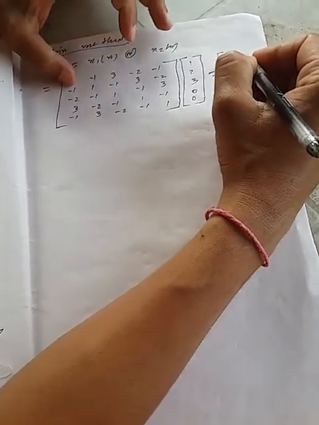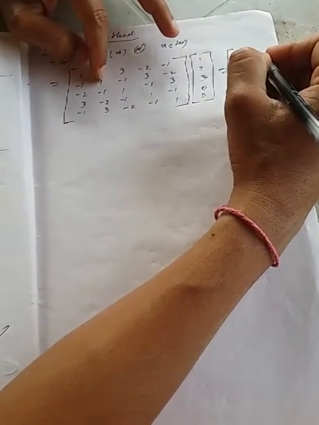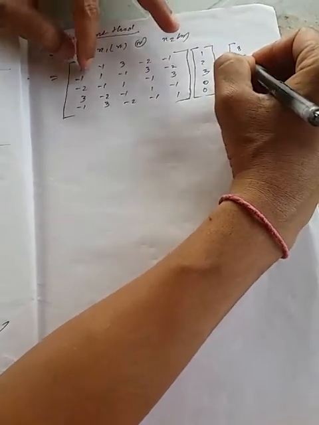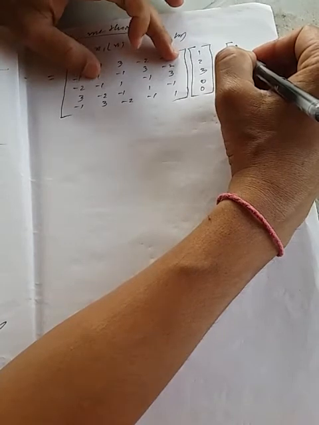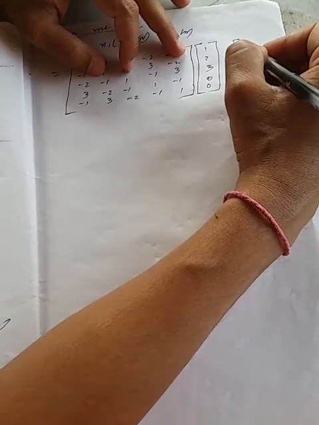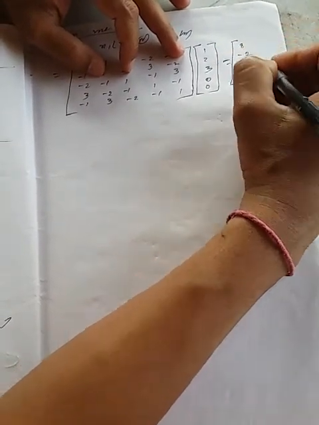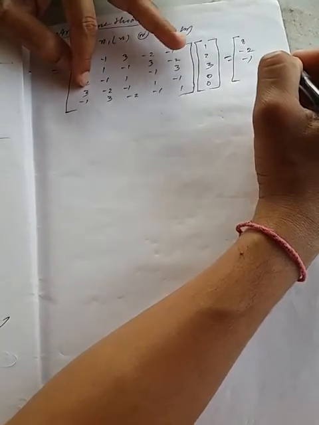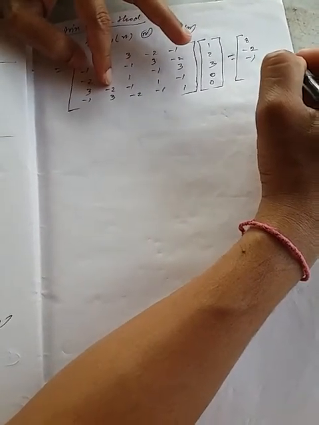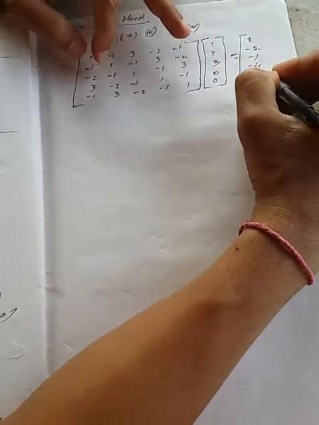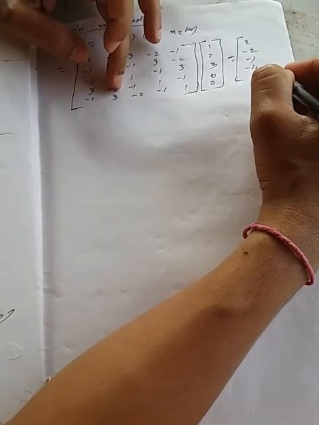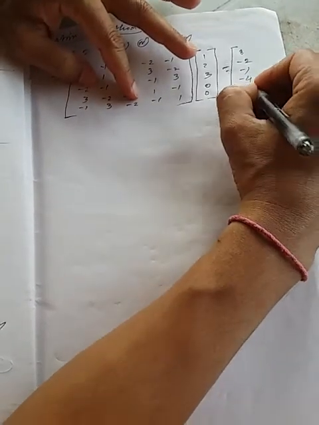Now this is -1 + 2 + 1 - 3, so -2. Then -2 - 2 - 4 + 3, that is -1. In this case 3 - 4, that is -1, -3, so -4. And this will be -1 + 6, that is 5, -6, so -1.